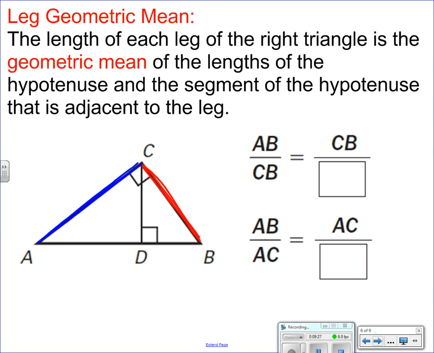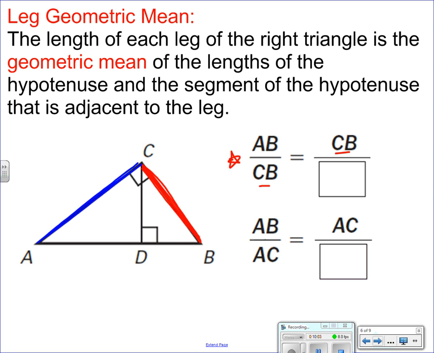So those legs of the big right triangle are the geometric mean of the lengths of the hypotenuse, the whole hypotenuse, and the segment of the hypotenuse that is adjacent to the leg. So let's break that down a little bit. So let's look at this first proportion. CB, this leg in the big right triangle, is the geometric mean. So here and here, geometric mean across the equal sign.